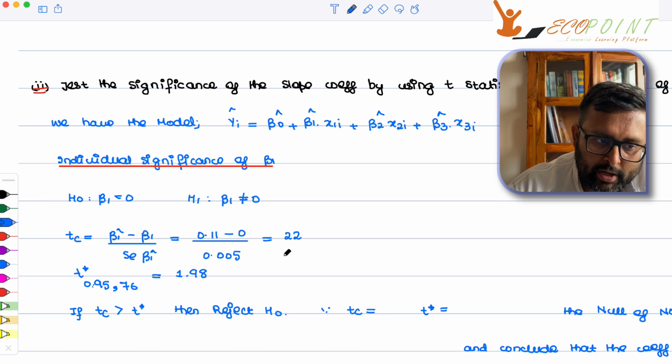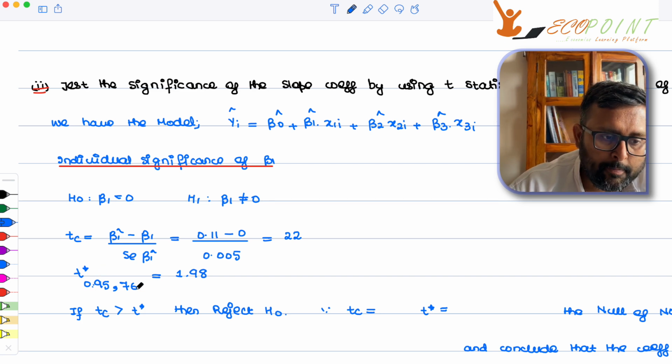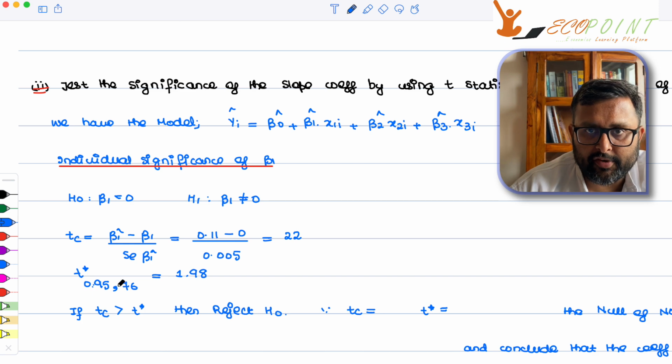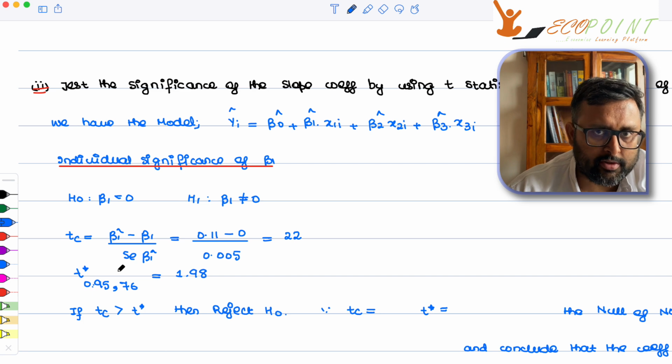The critical value of t is for 5% level of significance for these many degrees of freedom, n minus number of parameters. There are 4 parameters which are estimated: beta naught, beta 1, beta 2, beta 3. So n minus 4, that is 76.